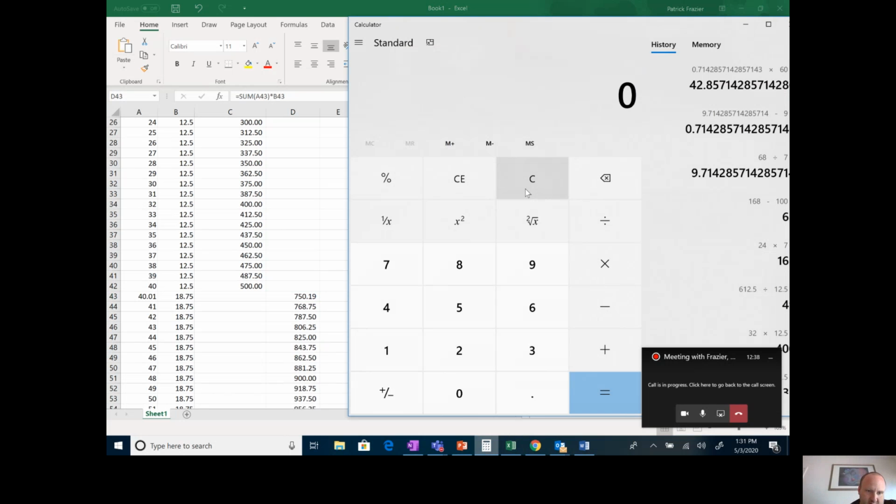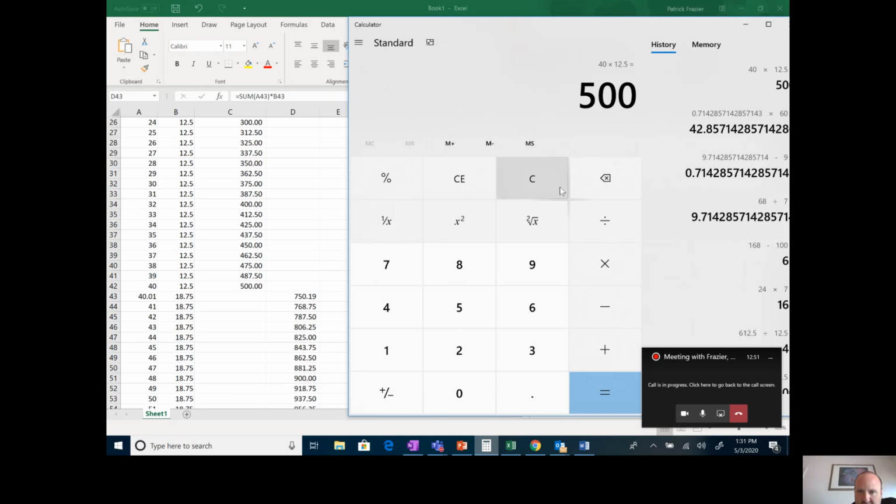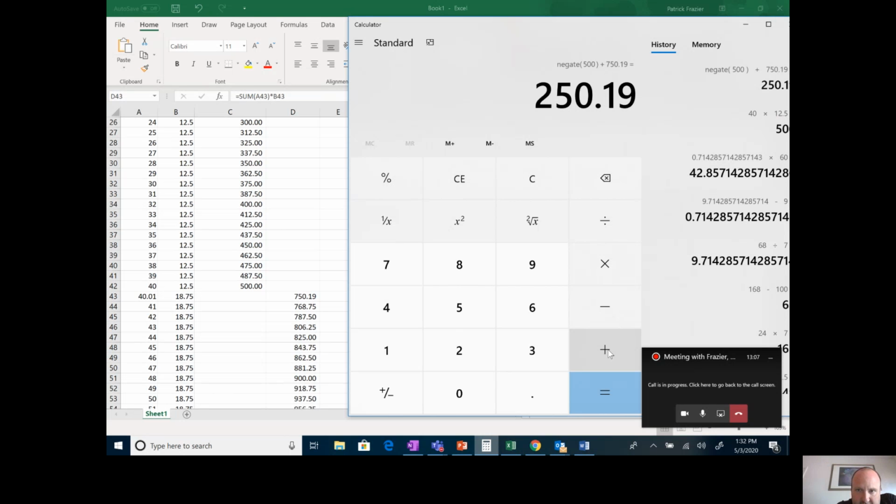So I take 40 times 12.50, that makes sense because 40 times 12.5 equals 500, right? But that 500, okay, if we make that negative and then add that to the 750 and 19 cents, that's $250.19 of premium.